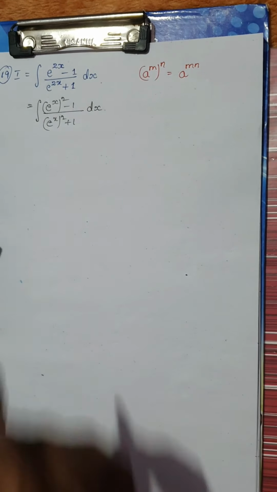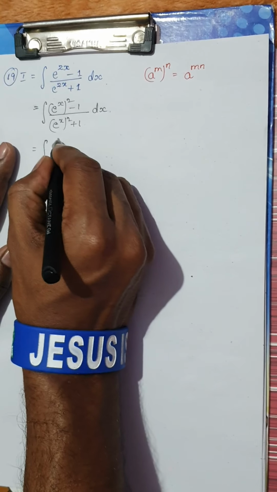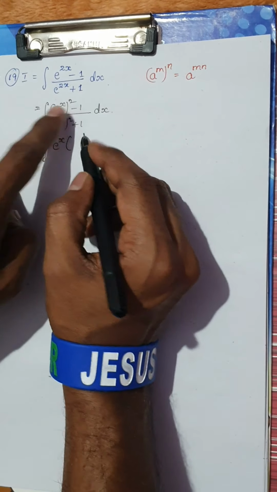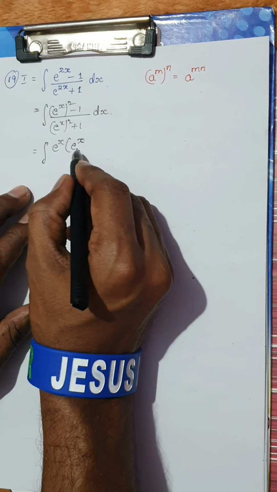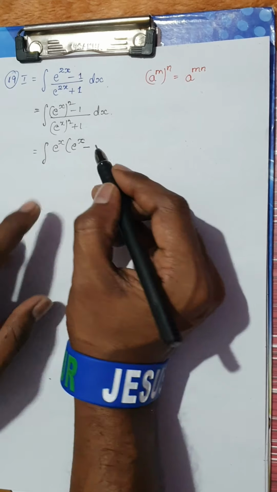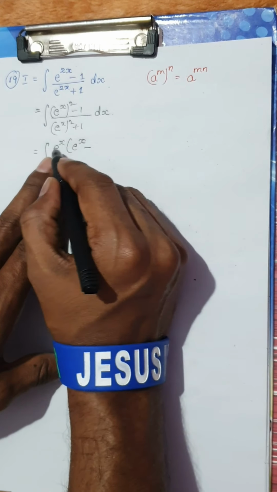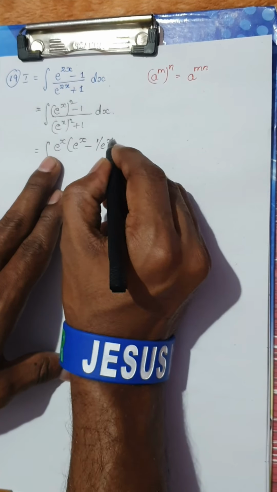Now I am going to take e power of x common in the numerator. So, what happens? I have e power of x whole square, so one term is taken outside and the remaining term is e power x. Now, here I do not have e power x, so if I have taken it outside, you have to divide the term. Is it clear?